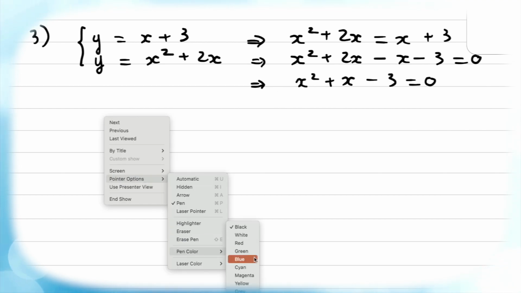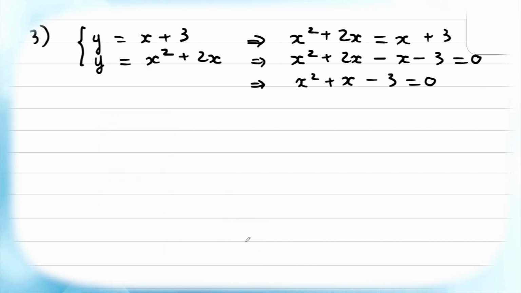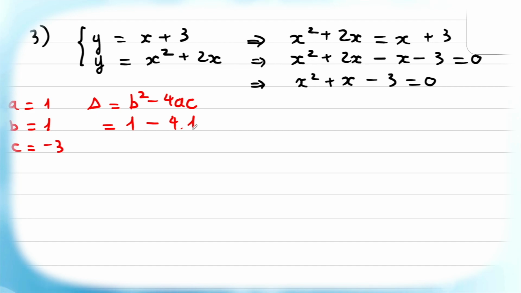One more time, we cannot use factorizing here, so I will use the quadratic formula. For a, b, c, you have 1, 1 and minus 3. The discriminant b squared minus 4ac is 1 minus 4 times minus 3, so 13 is the answer for this discriminant.